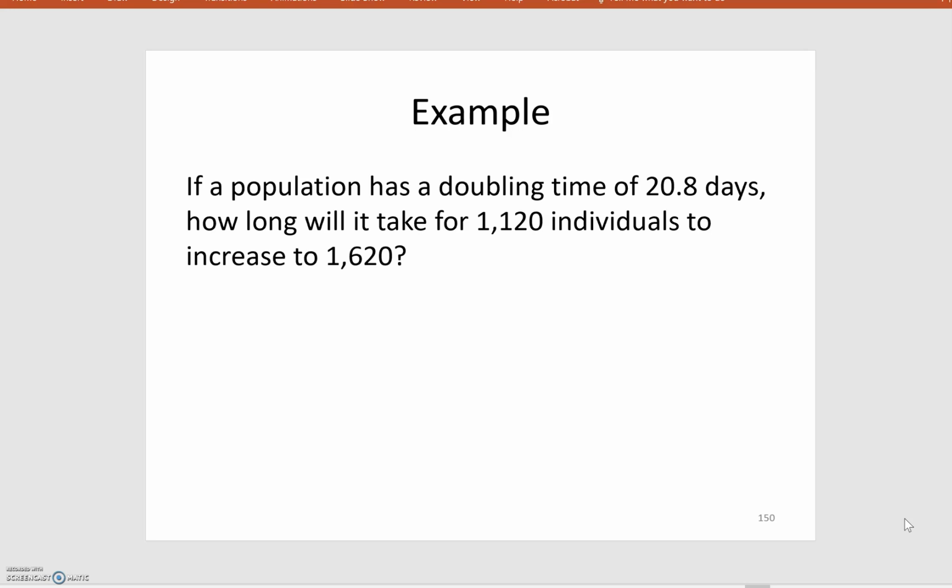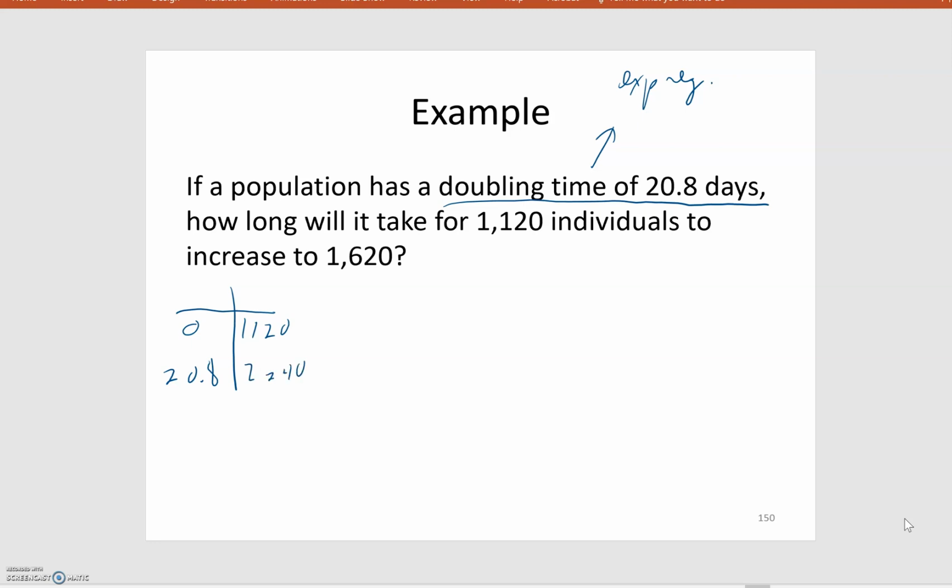All right, moving along to more growth and decay models. How do you handle a question where you are given a doubling time, and then we want to know something about the model? If I know the doubling time, I can use exponential regression to get the model. What I can do is write down that would be 2,240.